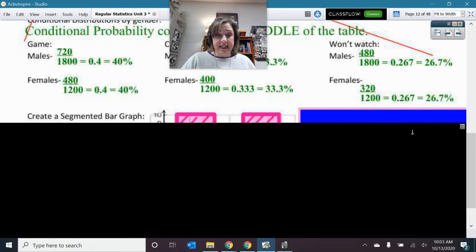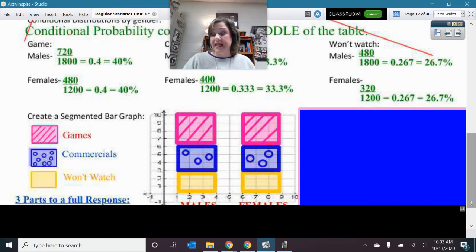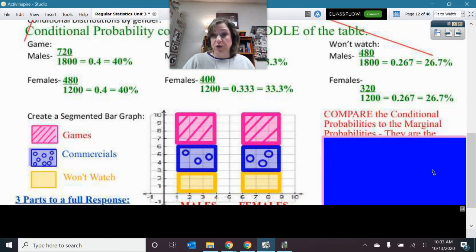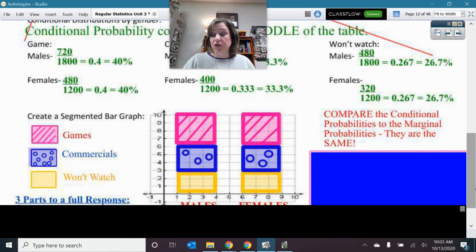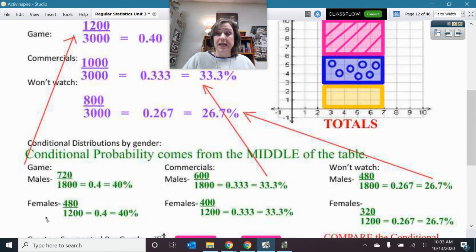Now, technically, when we want to compare these things, we are supposed to compare the conditional to the overall. If there are only two items like males and females, you can compare males to females. But if there's more than just two items, you have to compare to this marginal.